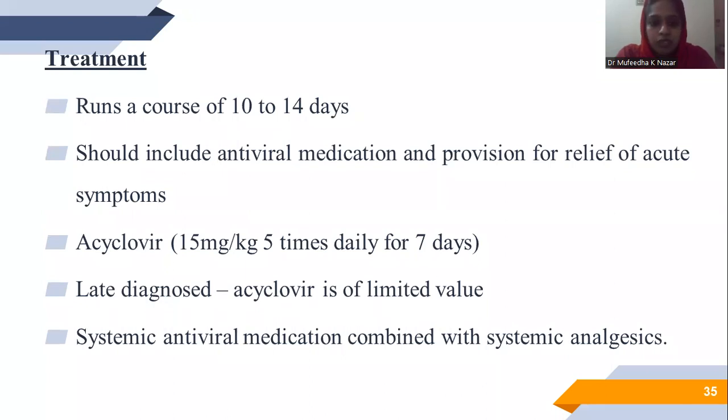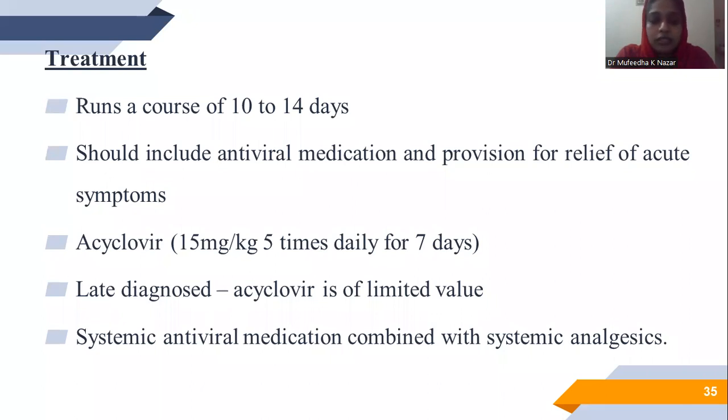Coming to the treatment. This viral infection usually runs a course of 10 to 14 days, and the treatment includes antiviral medication and relief of the acute symptoms, or supportive care. The antiviral medication that is usually prescribed is acyclovir.